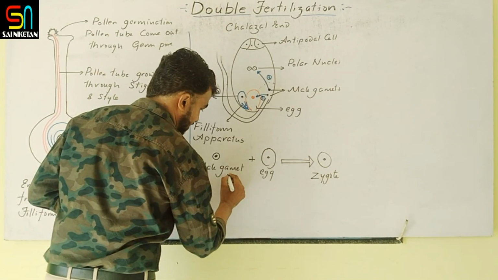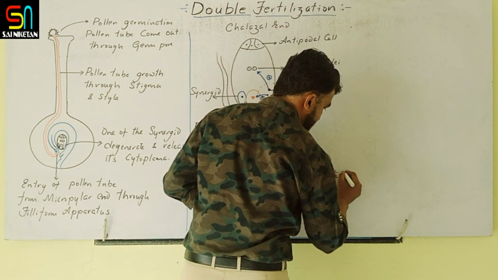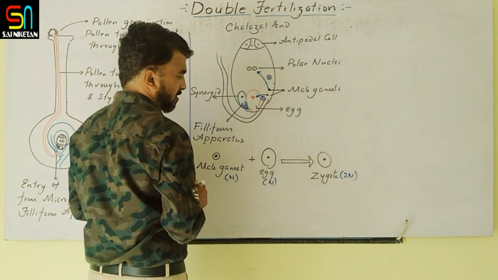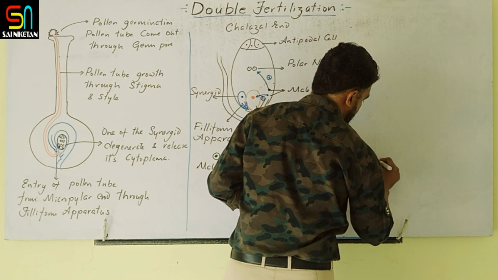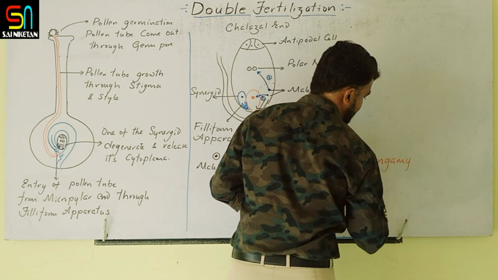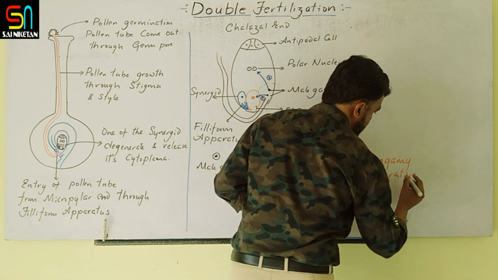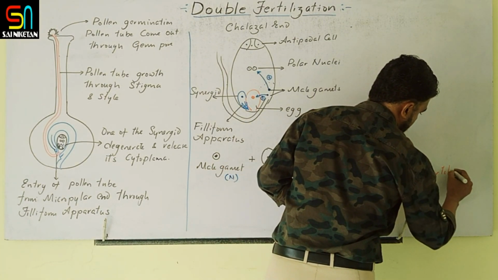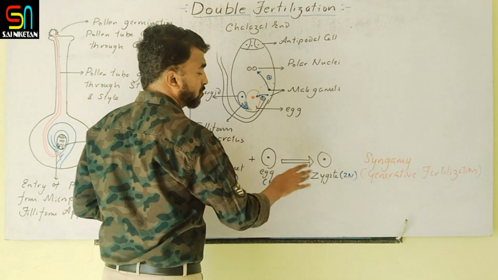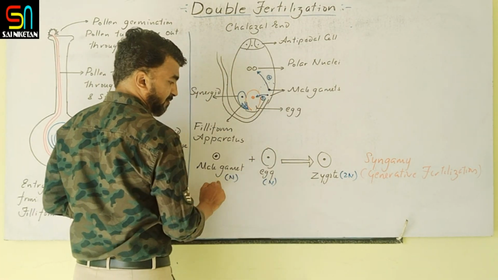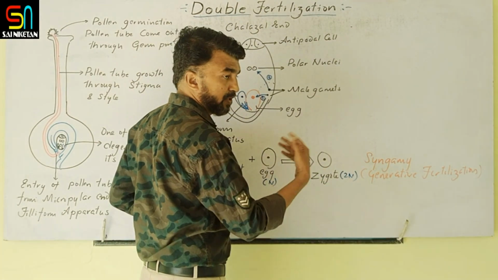The male gamete is haploid, the egg is also haploid, and the resulting zygote is diploid. This first event is nothing but syngamy or generative fertilization. This is the actual fertilization where one male gamete fuses with the egg and forms the diploid zygote. This diploid zygote in future develops into the embryo.